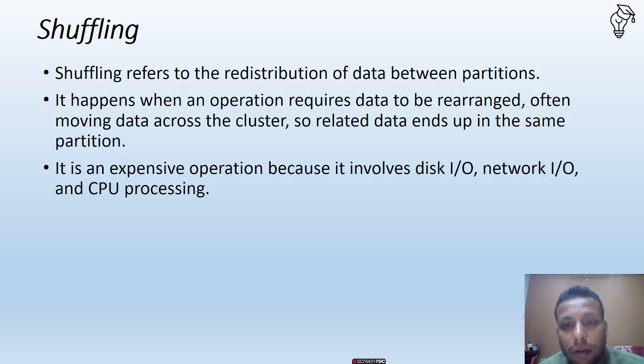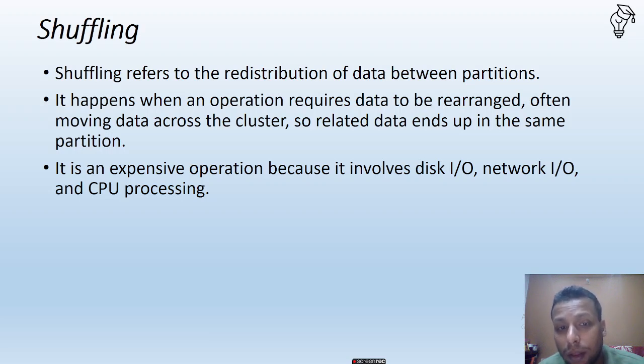Actually, when we are using a group by clause, order by clause, or joining tables, a shuffle happens. It means the data is distributed across the partitions, and this costs network speed, input/output, and also the processing power of the CPU.